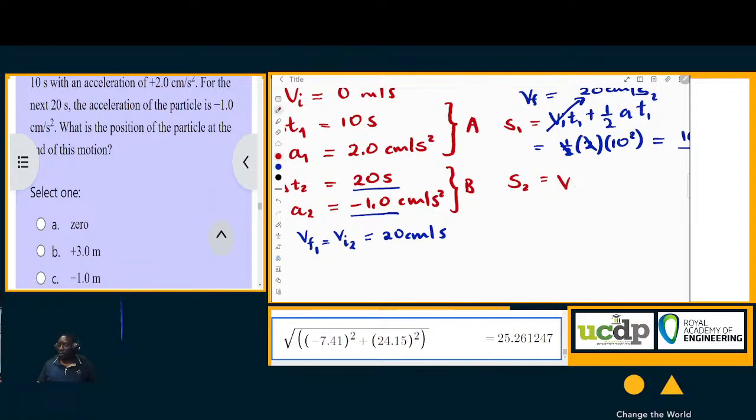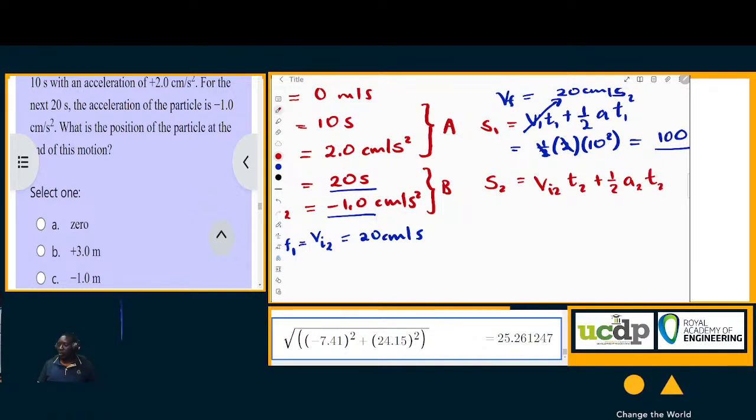So V initial for motion 2 times T2 plus half A2 T2 squared. What do we get? Do the math.